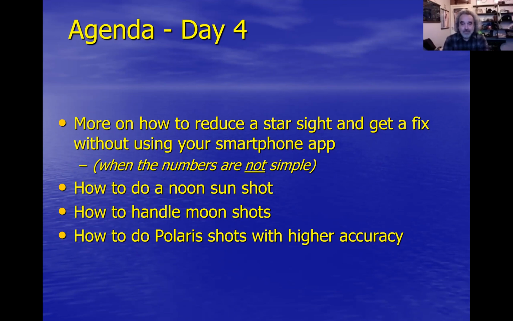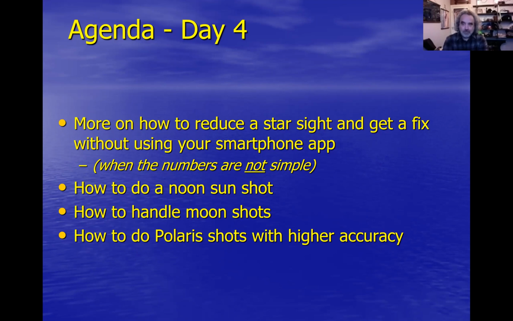Doing evening or morning star shots requires a little bit more math, but not that much. Also the moon. The moon is a special case. There are a couple of peculiarities there. The last thing that we will do on the last day of class is talk about how to do Polaris shots. When I say Polaris, I mean the North Star. A lot of people say, what is there to do? You measure the altitude of the North Star and bingo, that is your latitude.